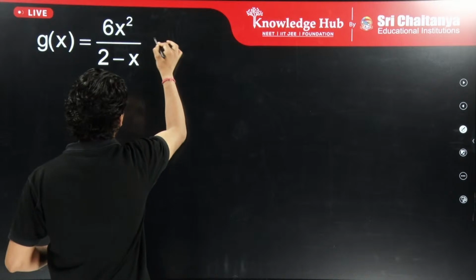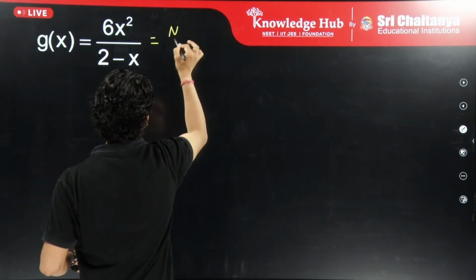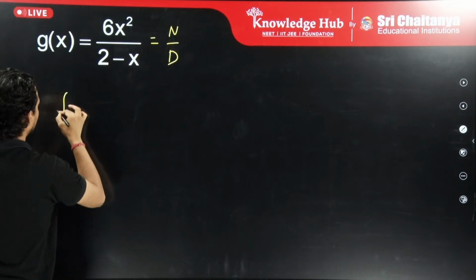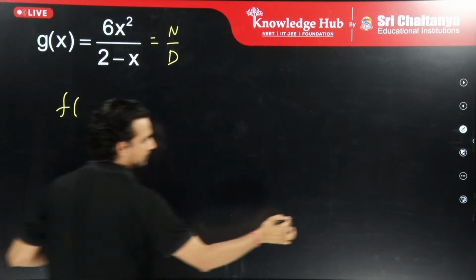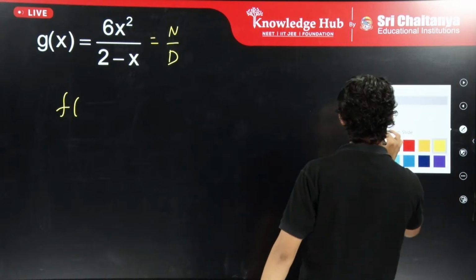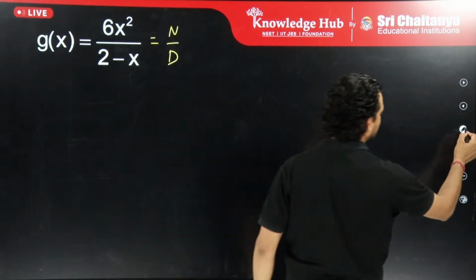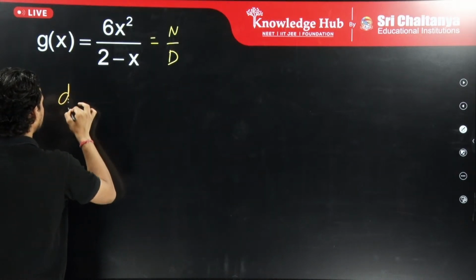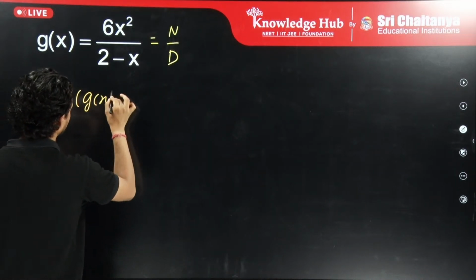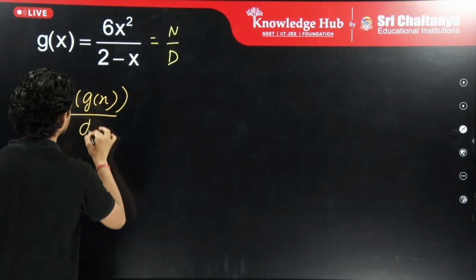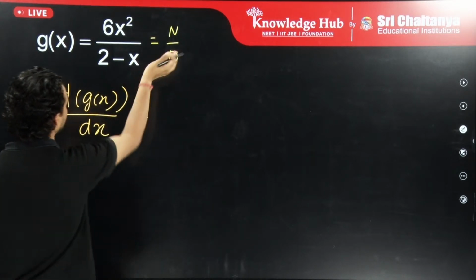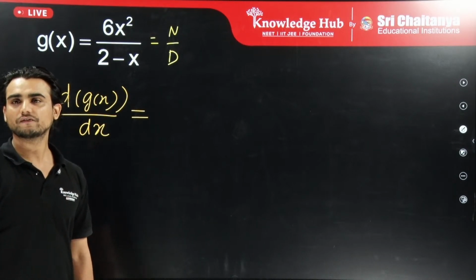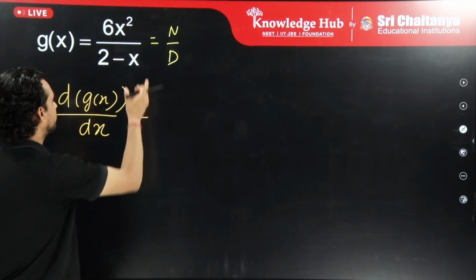This is basically my f(x), or my numerator, and this is my denominator. So let's find the differentiation of the function. Differentiation of g(x) with respect to x is equal to: first differentiate my numerator, the nurse.